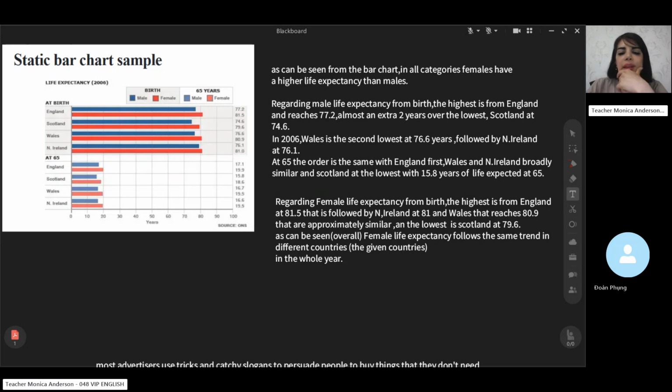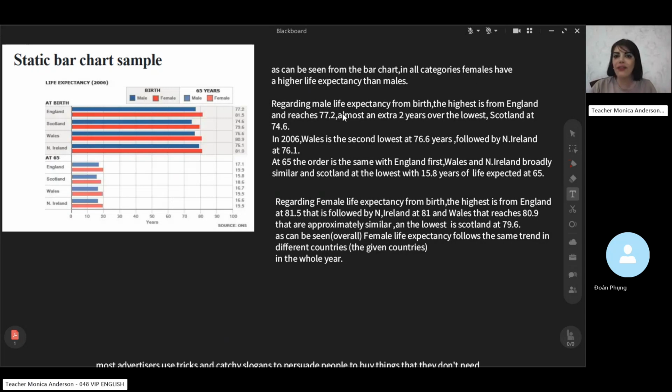You mean we need to say female this way, male this way? Yeah, it's okay, you're right. But there is a point here: now you already compared. You mean that I didn't say, for example, "in comparison". Okay, you can do it.